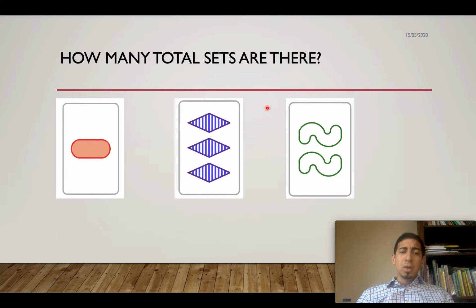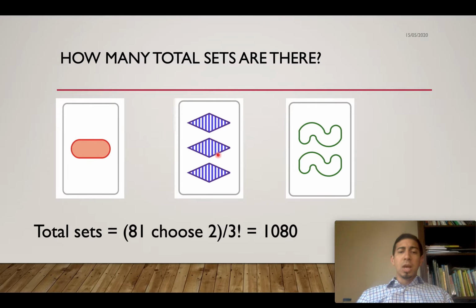So I will be double counting this one again. So in all the possible ways in which you can choose two cards, you will be double counting. Okay, so what you do is you get rid of the double count, and what you get is that there are 1,080 sets. Okay, that's the total number of sets in the deck.